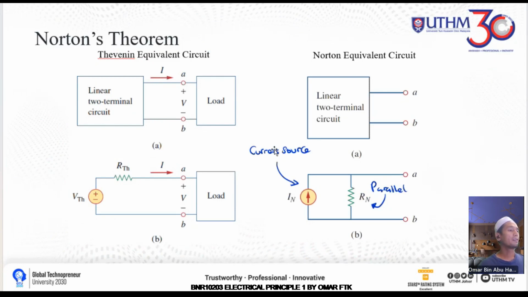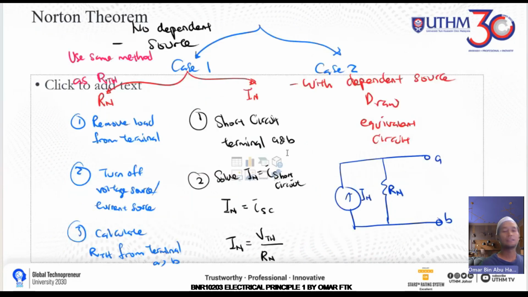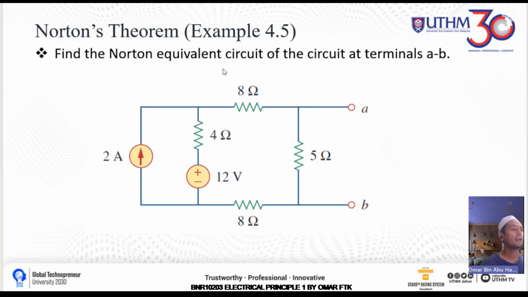The concept on how to solve the problem is closely similar, so we just directly look into the example. We have this circuit. The question is to find the Norton equivalent circuit at the terminal AB.